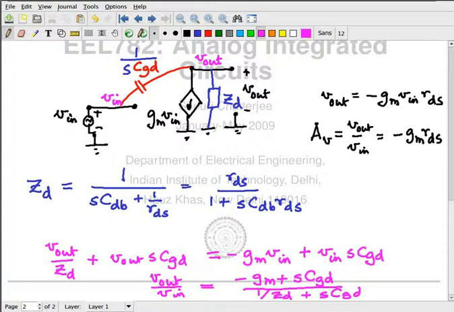There is one pole and one zero. Just check that there is exactly one pole. Zd, 1 by Zd is going to be equal to 1 plus s Cdb rds by rds.